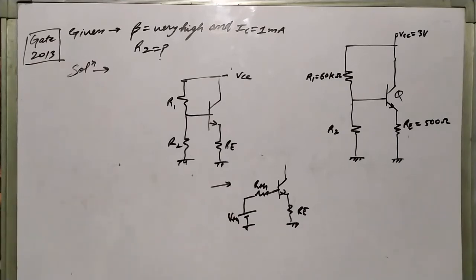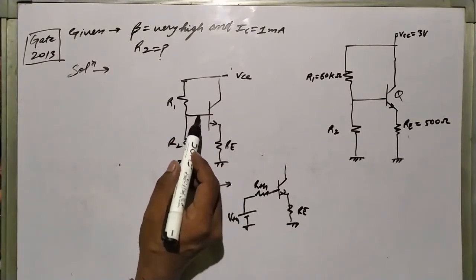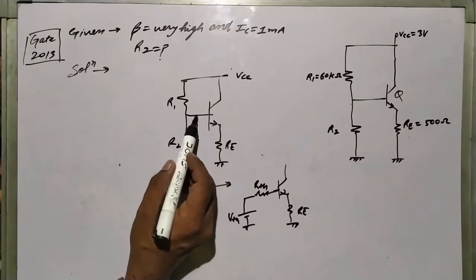So for this we will use the Thevenin theorem. Here we want to calculate the VTH, so we have to make this open circuit, so there will be no flow of current.